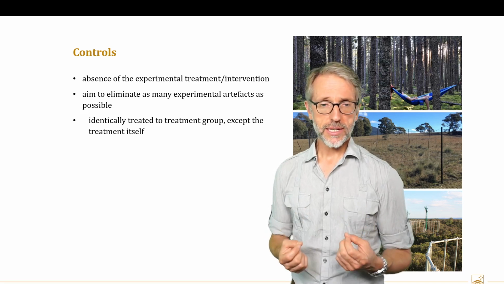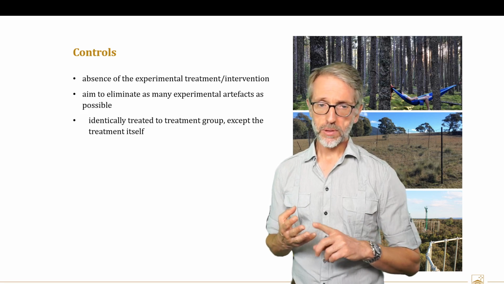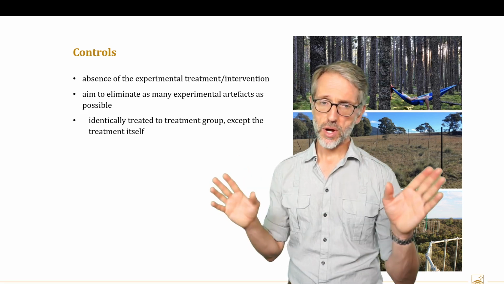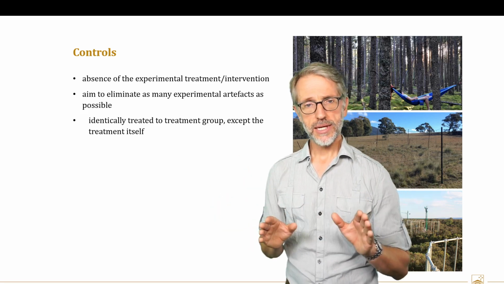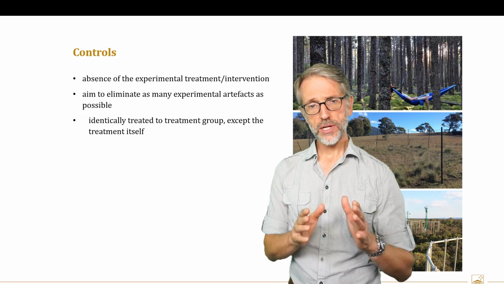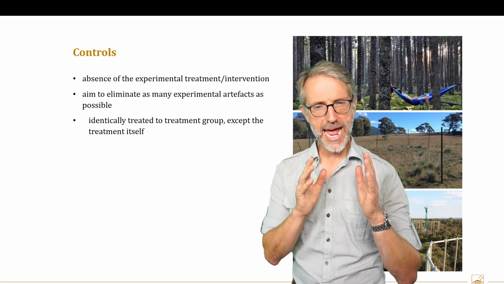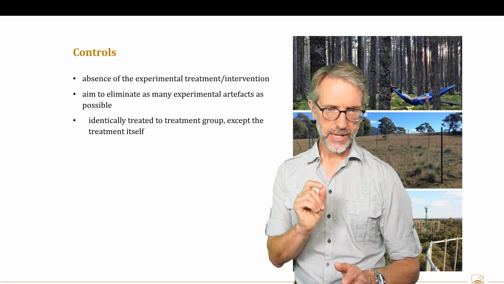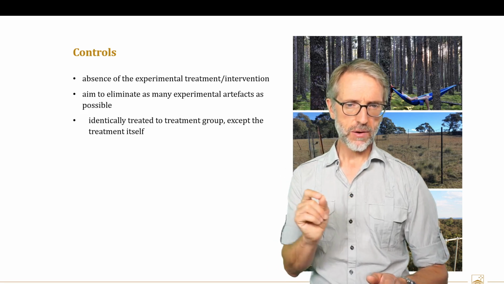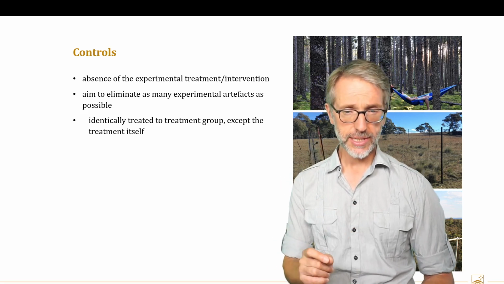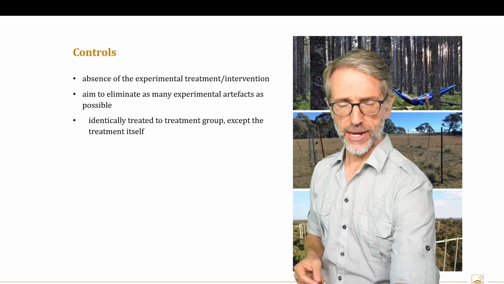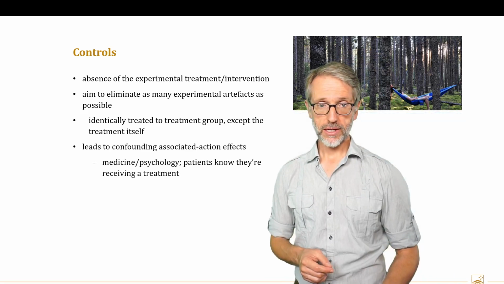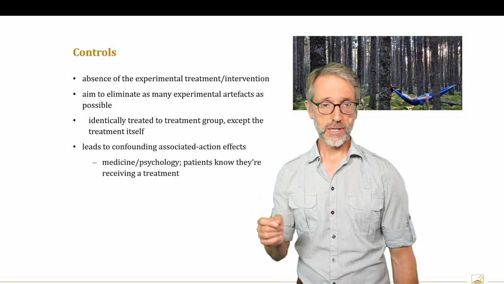The idea here, people, plants, ecosystems, whatever, is that the control individuals are treated identically to the treatment group, with one exception, and that is the treatment itself. Any variation in the way they are treated is an artifact and may affect the outcome. Artifacts are to be avoided.